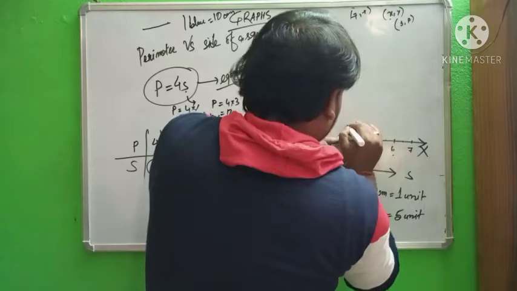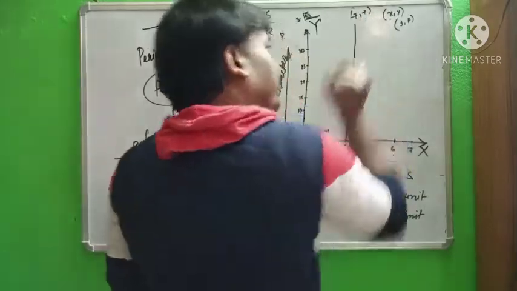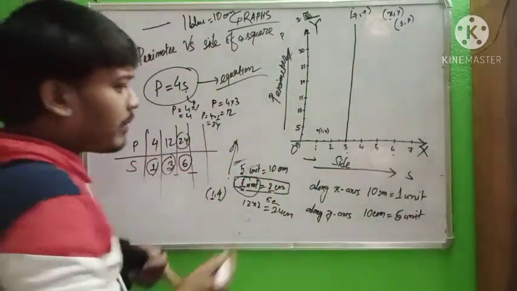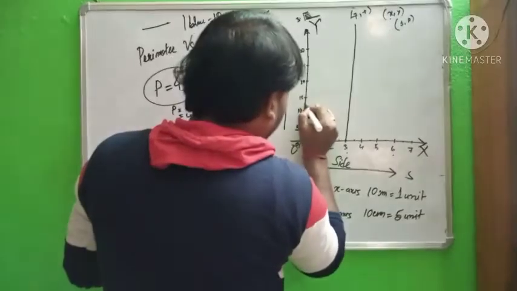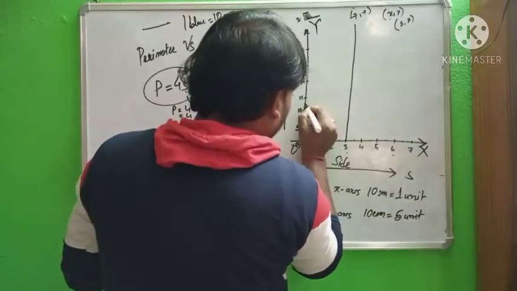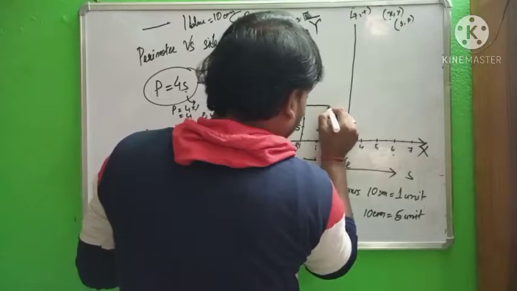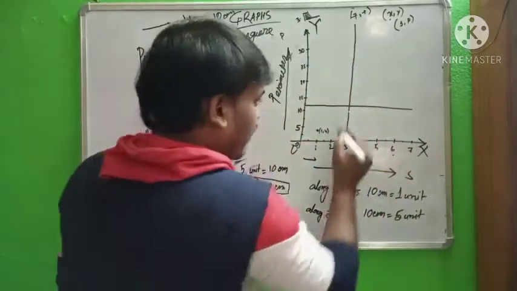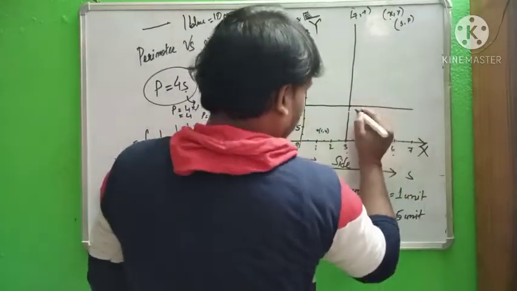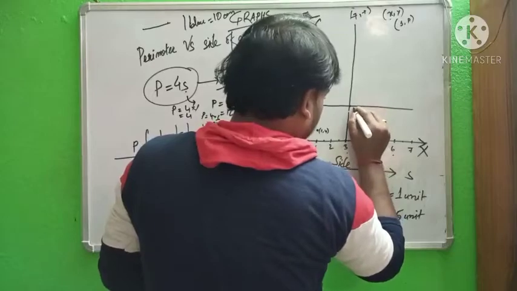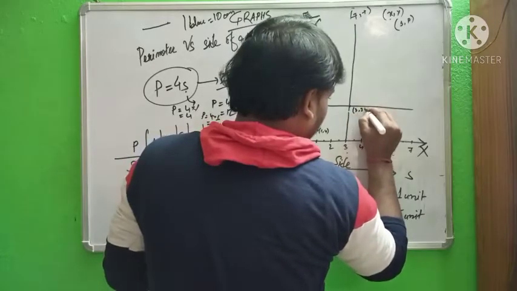And 3. That means one line is there. This kind of line is there in graph paper, up to how much value, 24. So this is the point 3 comma 24.